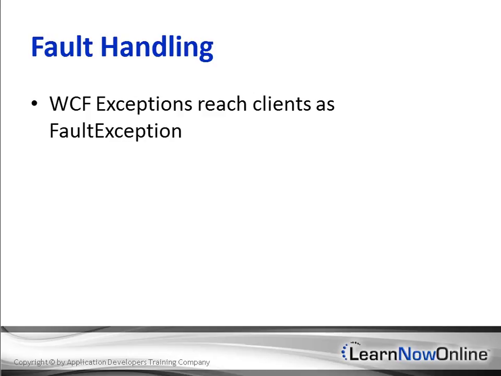Therefore, you have this technology-independent concept of a fault. So, anytime a WCF service is not able to perform its intended function, it can generate an exception that gets translated into a fault to reach the client.